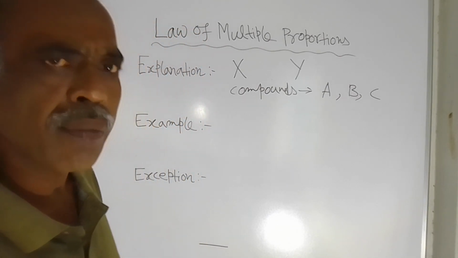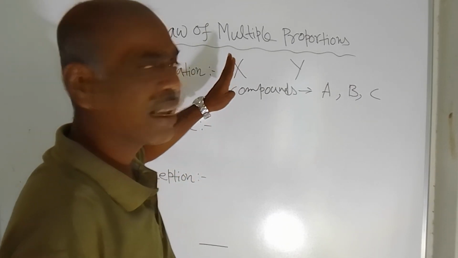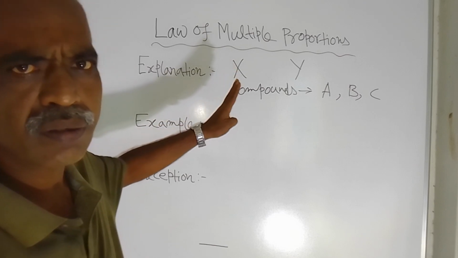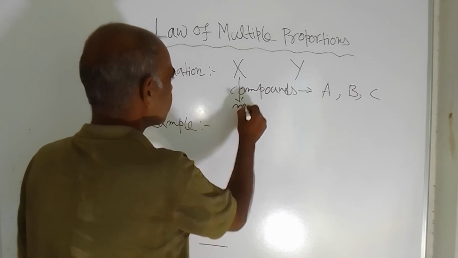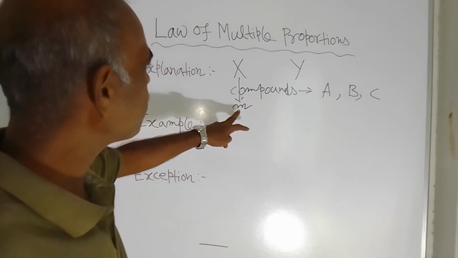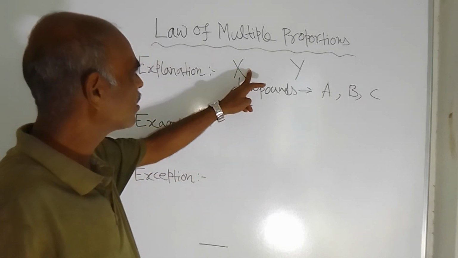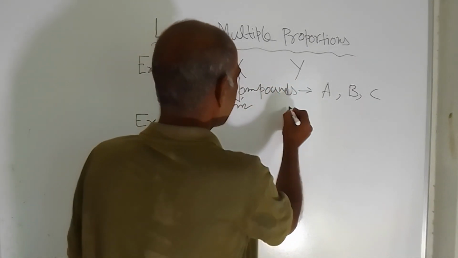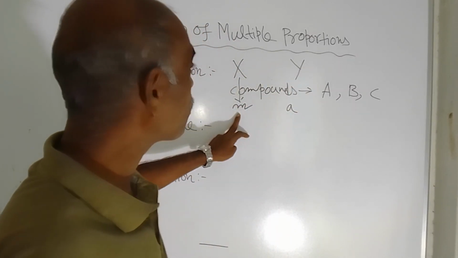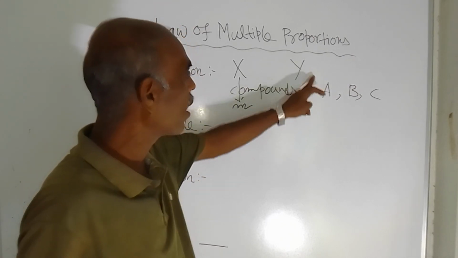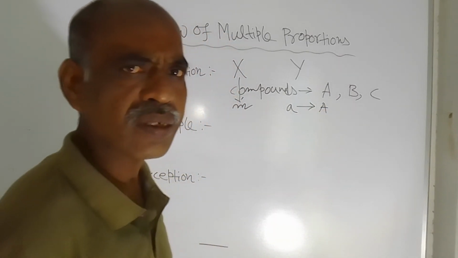But when you are talking about the mass, suppose a fixed quantity of mass X is taken, whatever be the quantity. Suppose fixed quantity is m gram. So when m gram of X reacts with a gram of Y, then it produces capital A. Right?